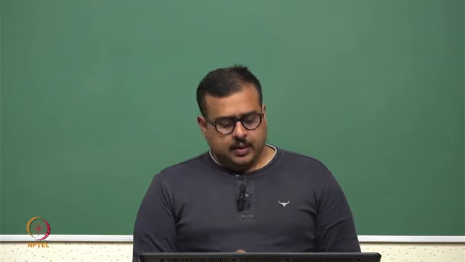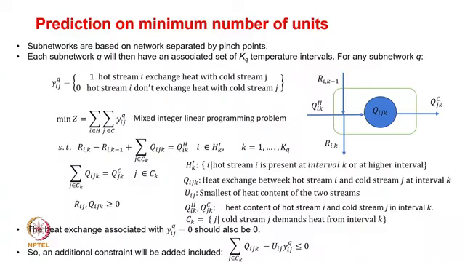We will define certain variables like previously. Each subnetwork is based on the network separated by pinch points. Let's consider a subnetwork Q. Each subnetwork Q will then have an associated set of temperature intervals, which we have seen previously.